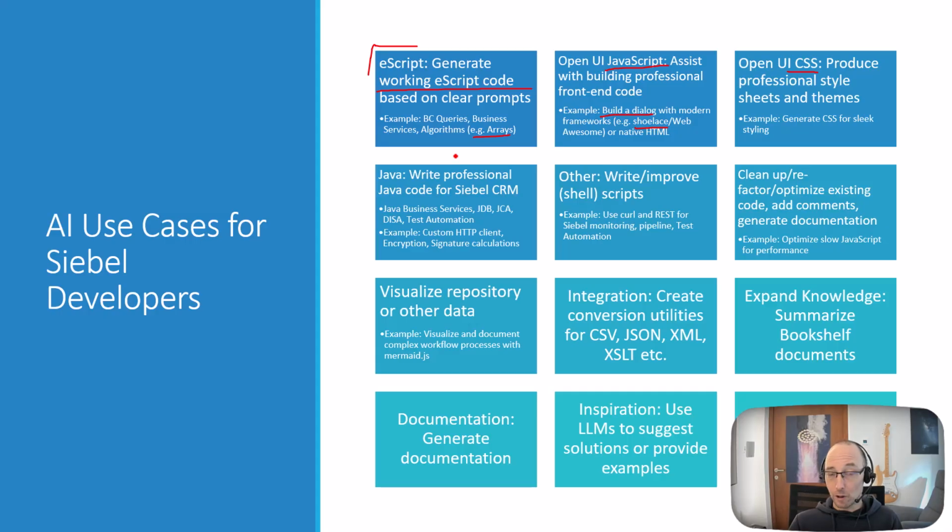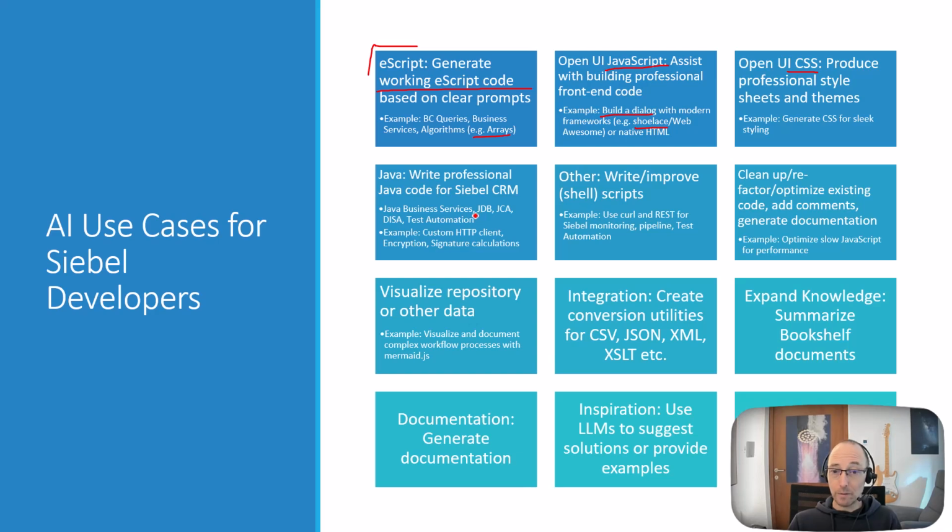They run on the Tomcat 64-bit Java, super fast. So if you struggle with eScript business services and you want to do some very complex processing, you might want to look into Java business services. And of course, Java is one of the most used and well-documented languages on the web. You know the drill. The LLMs know that stuff.